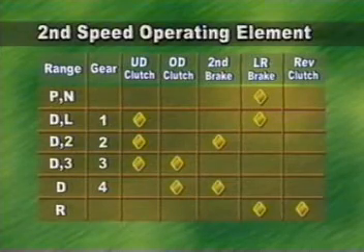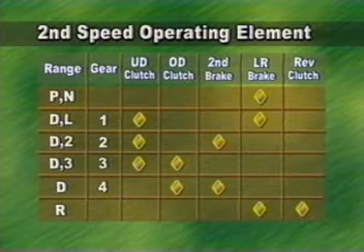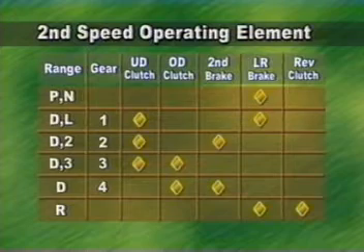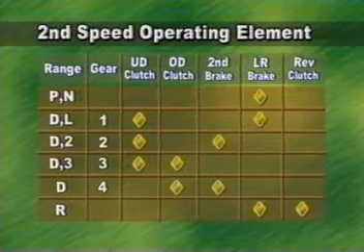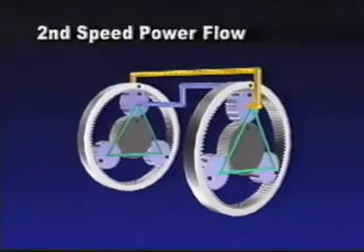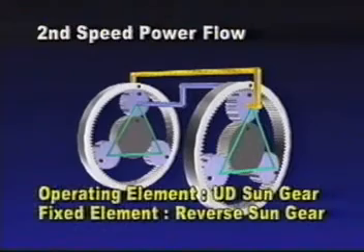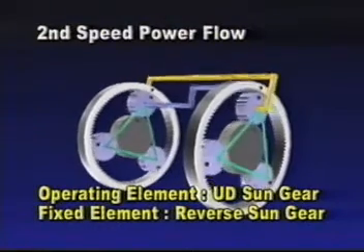In second speed, underdrive clutch and second brake are operated. Underdrive clutch is always in operation until the third speed of forward drive. Like the first speed, power is transferred to the underdrive clutch and drives the sun gear, and accordingly, output pinion is driven.